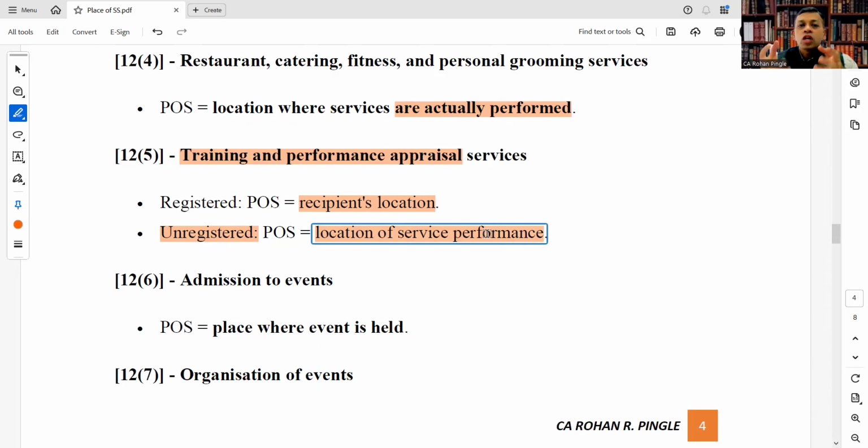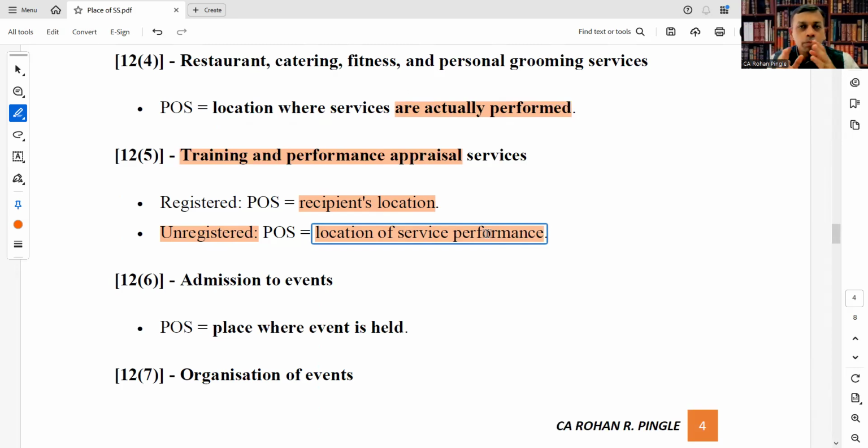But if the recipient is unregistered, then the place of supply is not the location of the service provider, but the location where the service is actually performed. Many times it is not the recipient's location, but a hall that is rented out where the training is given. That particular address or location would be your place of supply.